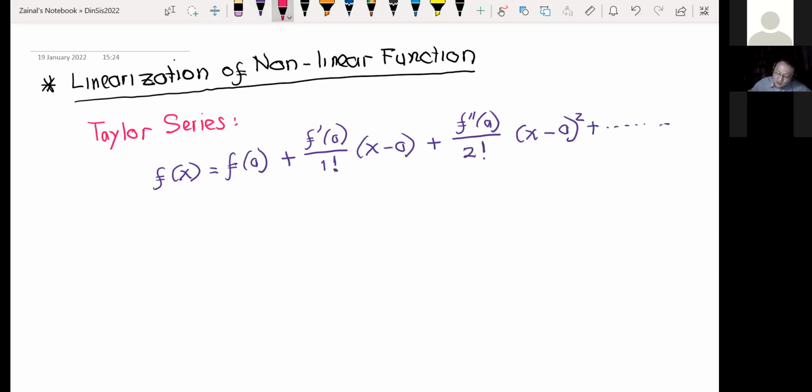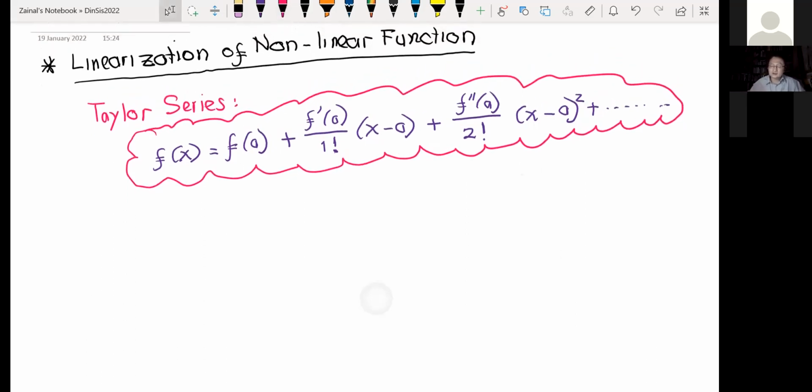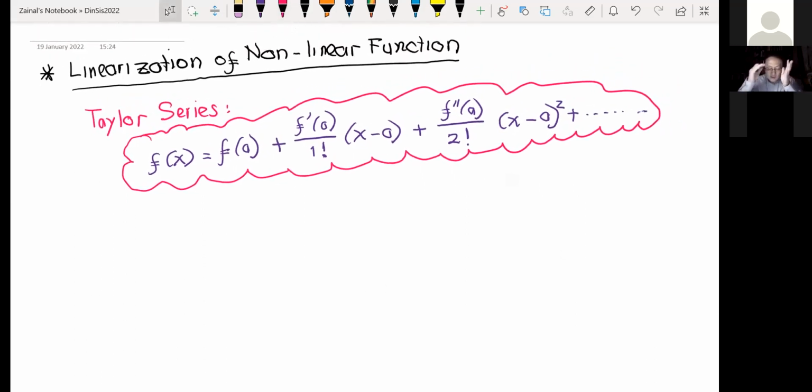Okay, this is the Taylor series. We will use this to approximate a nonlinear function. For example, we have a function.